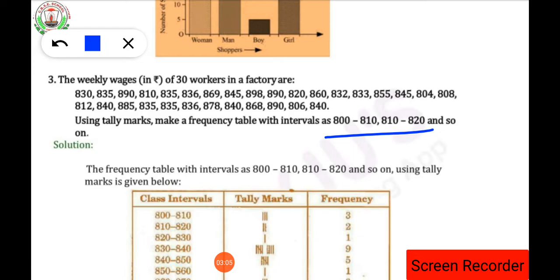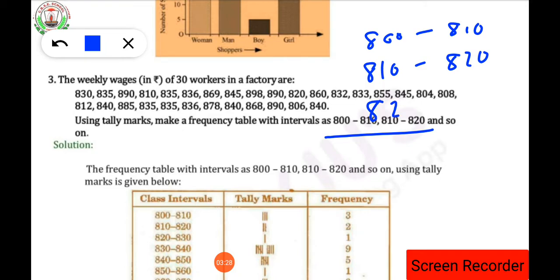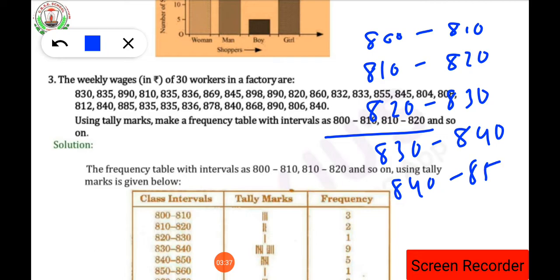The class interval given is 800 to 810, 810 to 820, 820 to 830, 830 to 840. Then the next interval will be 820 to 830, then 830 to 840, then 840 to 850, isn't it?